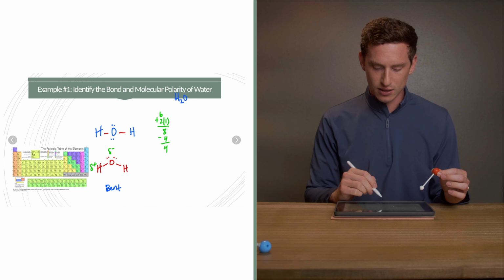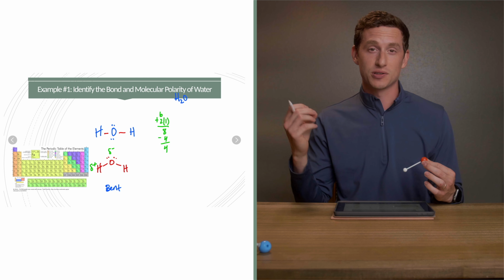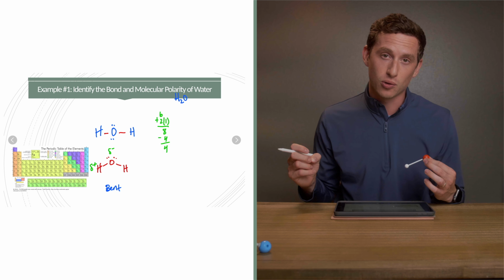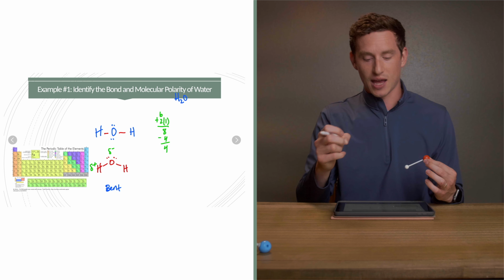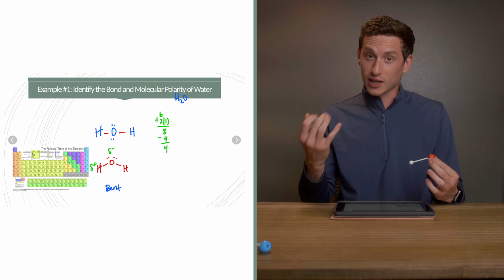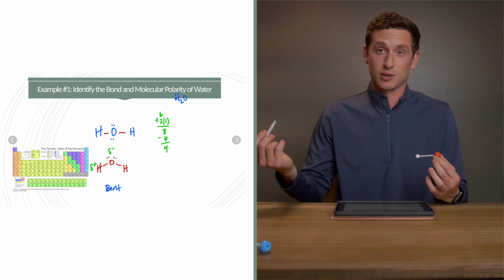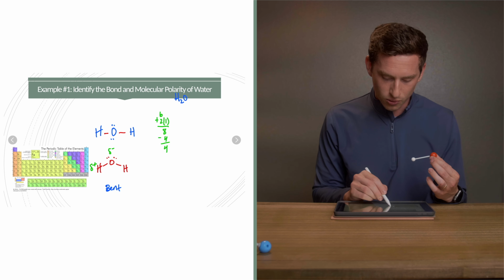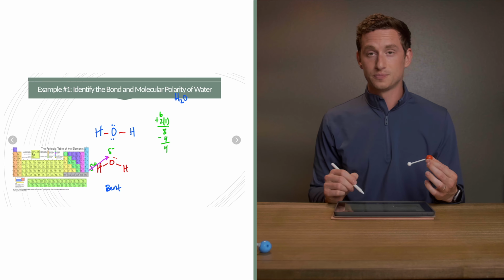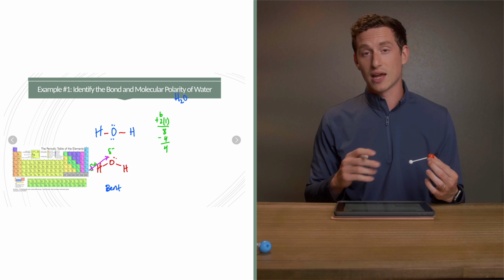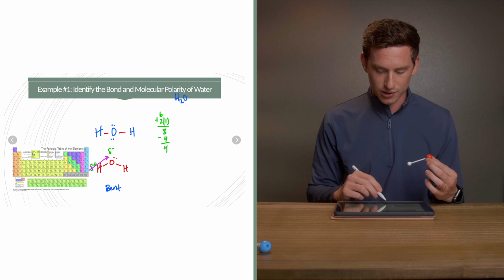Our dipole shows where those electrons are going. A pro tip is your dipole points in the direction of your partial negative. Because your dipole shows you where those electrons are going, which is where the partial negative is. So we would draw our dipole like so, showing that oxygen is taking more of those electrons.